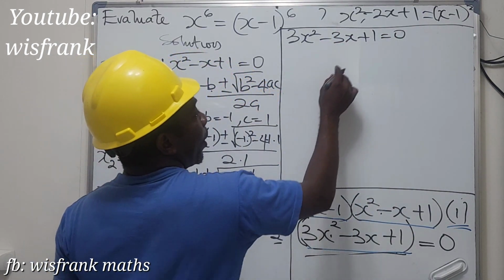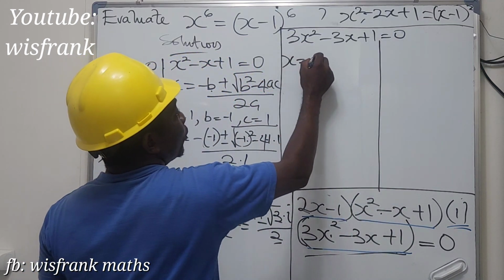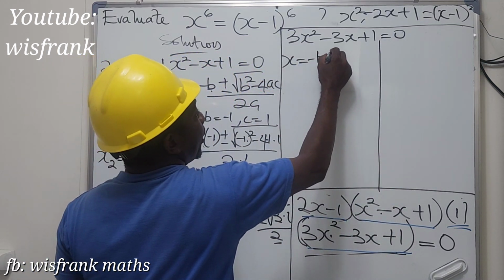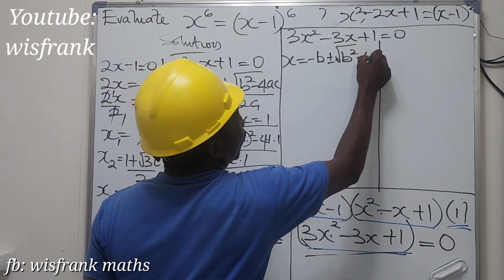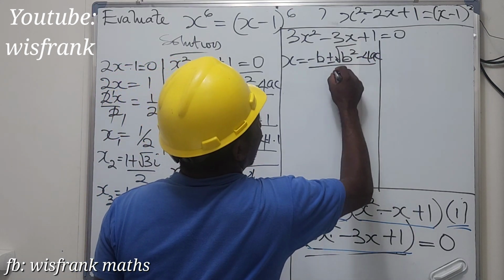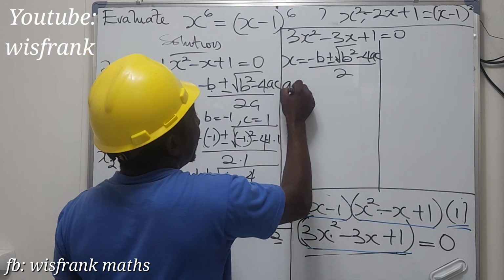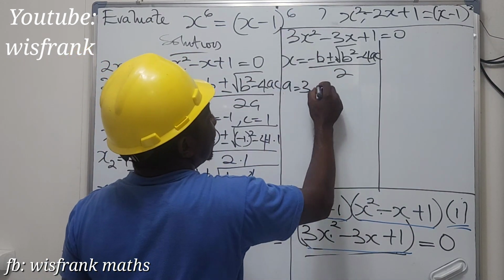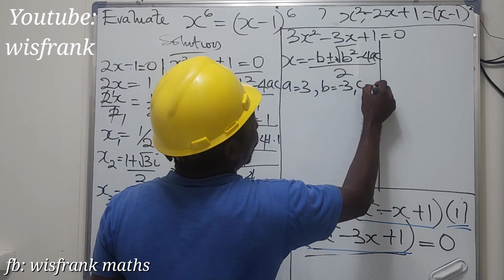In that case, we use the quadratic formula as we said before: x equals minus b plus or minus square root of b squared minus 4ac all over 2a. So our value of a equals 3, then b equals minus 3, then c equals 1.